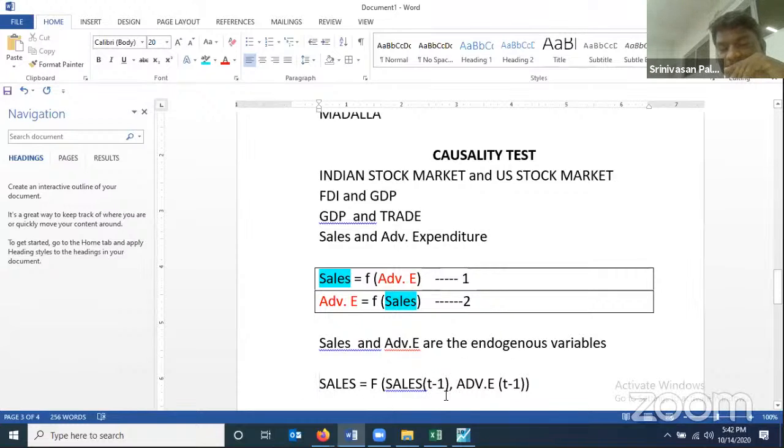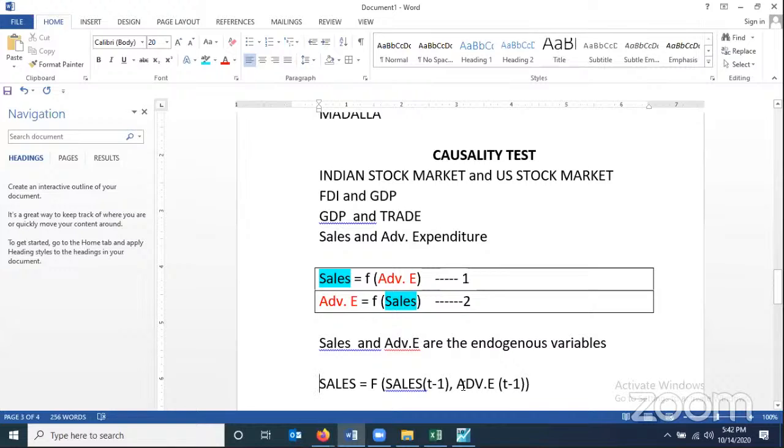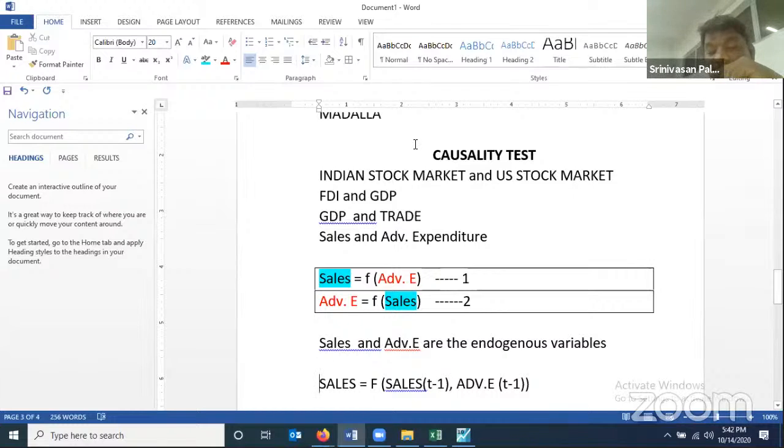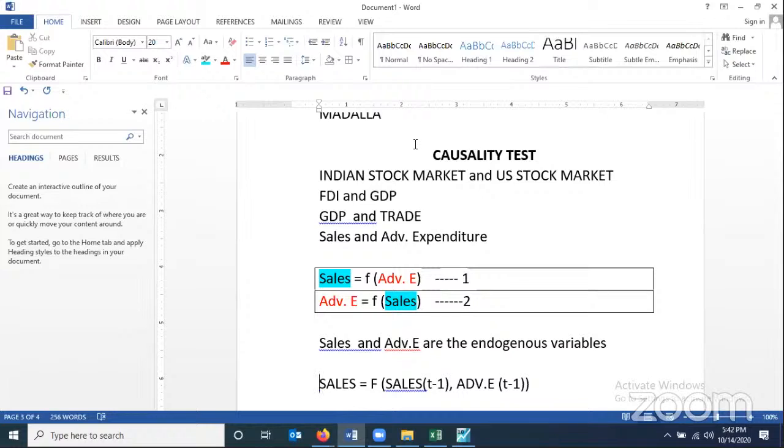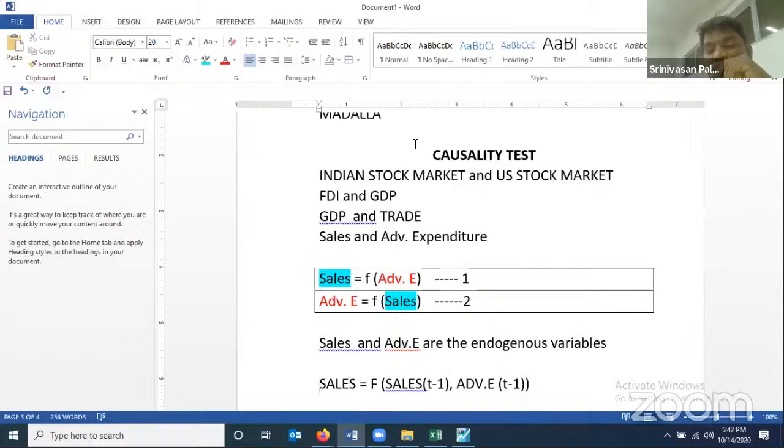Don't confuse this with ARDL. The ARDL model can be run in a single equation setup as well as a simultaneous equation setup.